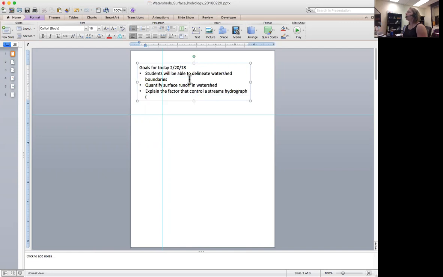And when we talk about hydrograph, just to be clear, it is a graph that demonstrates or depicts stream discharge over time.